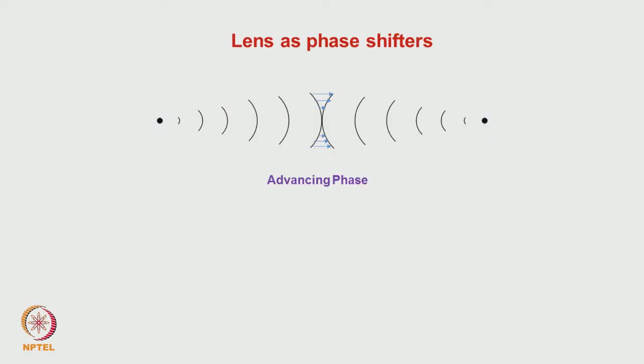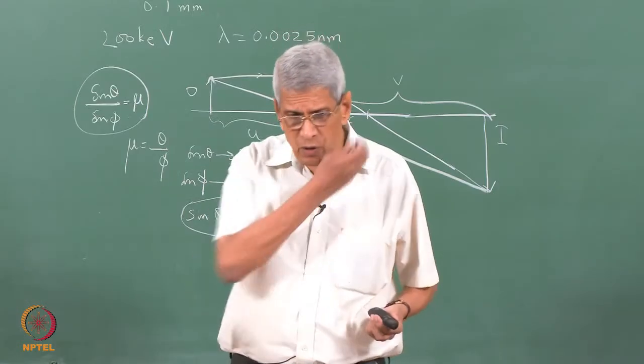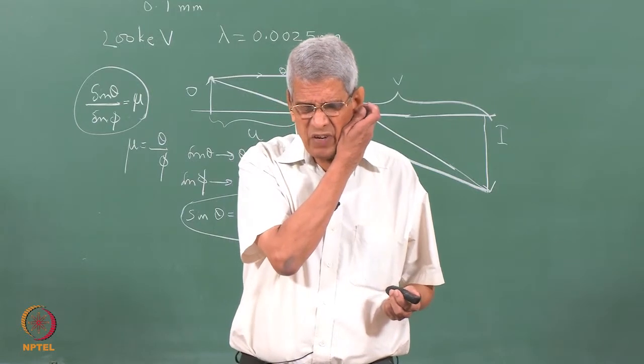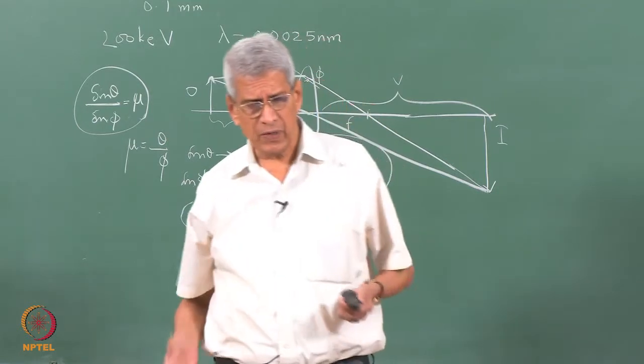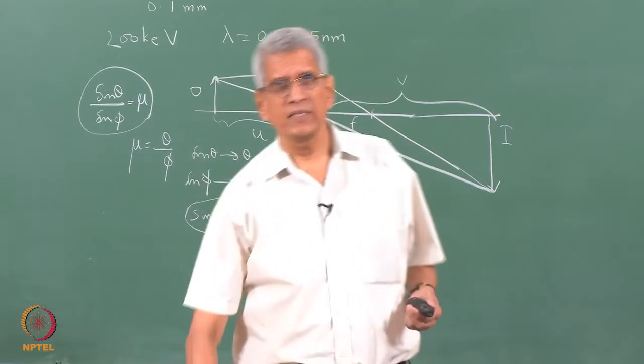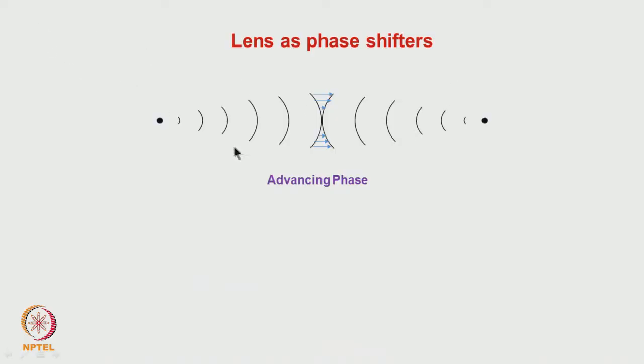So, this same ray tracing itself we can look at in a different way. Instead of a ray, if we consider the light as a wave which is propagating, then from a particular point on the optic axis in the object, spherical waves are emanating, and these waves come and meet at the lens.